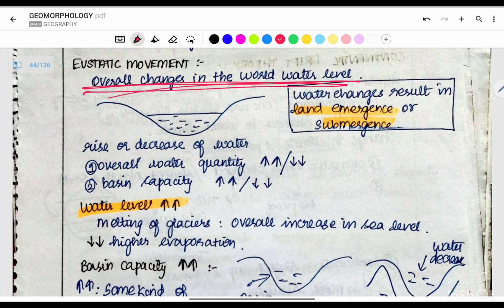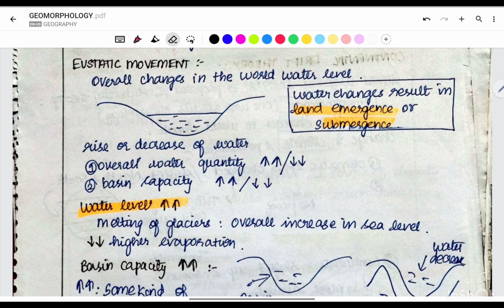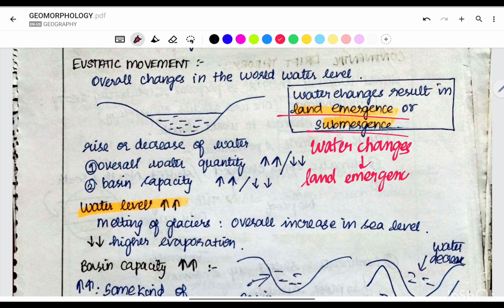Overall changes in the water level. Water changes are a result of land emergence and submergence. When land is submerging, the water stays here. When the land is emerging, the water is not present here.